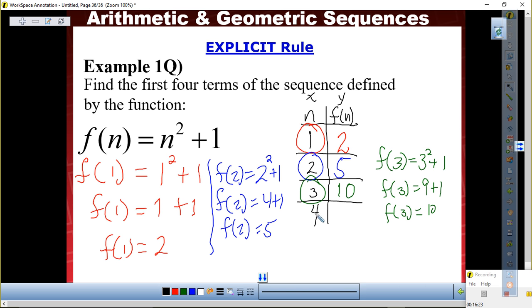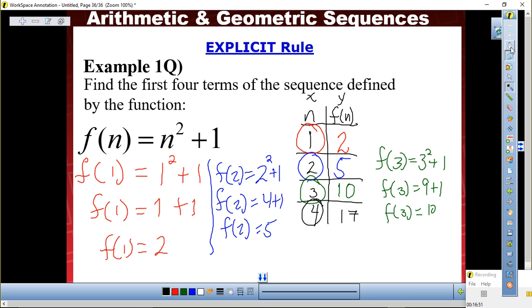Go ahead, Christian. 17. Hands if you got that. That is correct. Does everybody see how this explicit rule works, right? Isn't it very similar to what we used to do? Like just filling in the table?